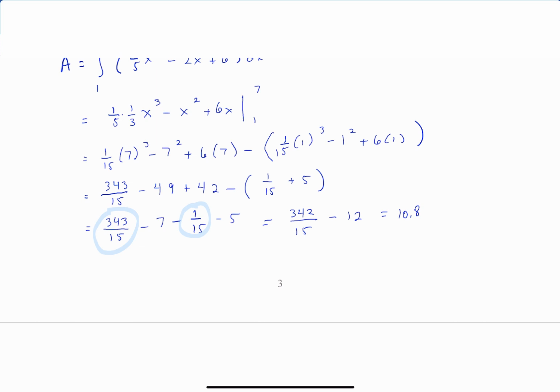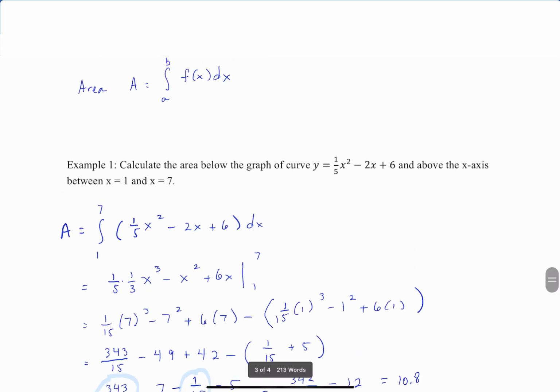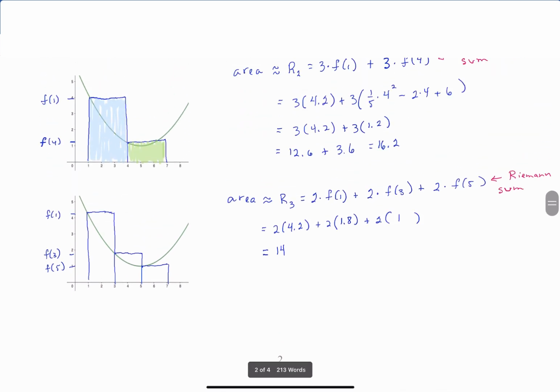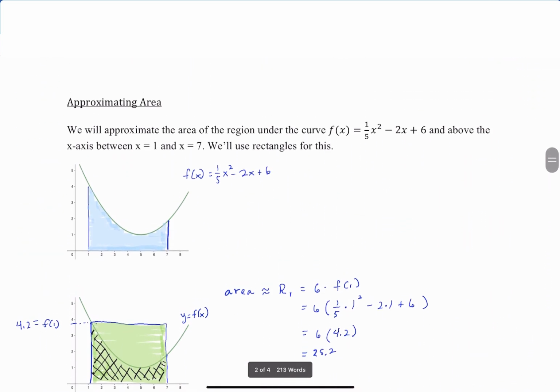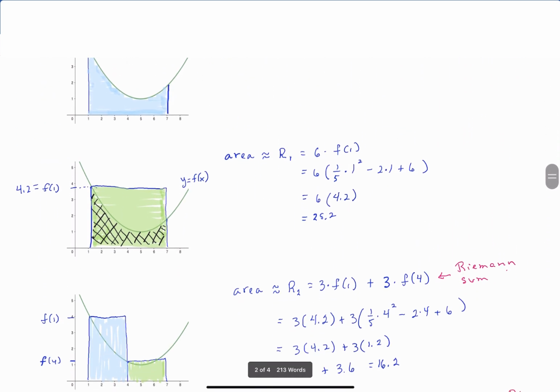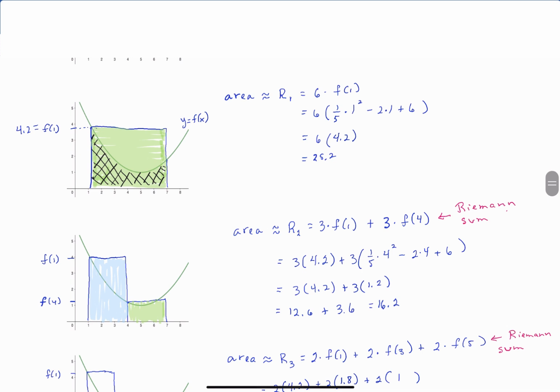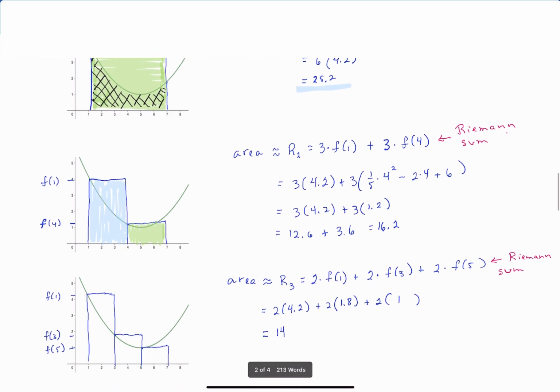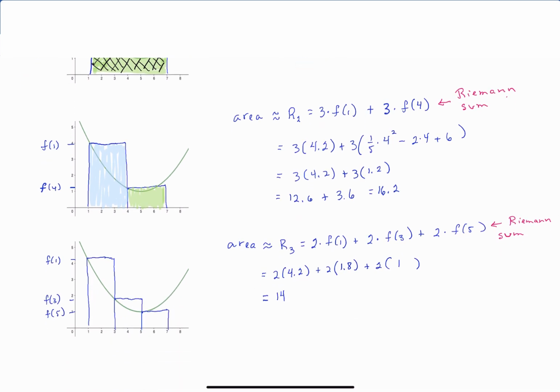That's the exact area. Let's compare that to the approximations we got before. Our first approximation, which was a gross overestimate, was 25.2. Then doing a little better, we got 16.2.